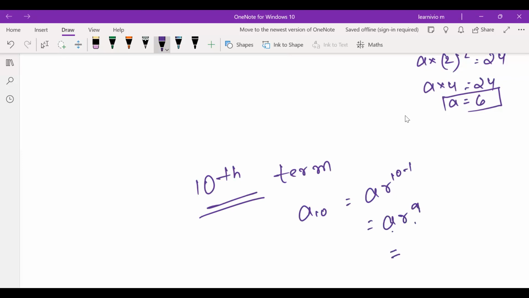Please find the final answer, Ali. A is 6. Ma'am, r is 2. Yes, 3072. Yes, this is our 10th term.